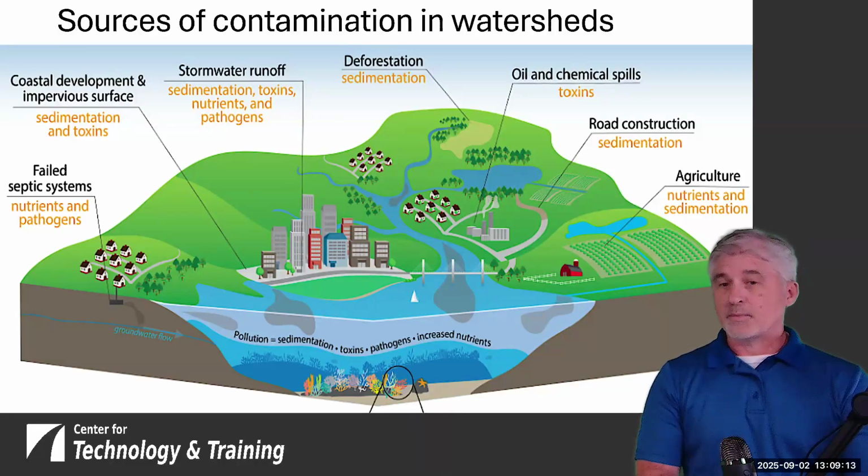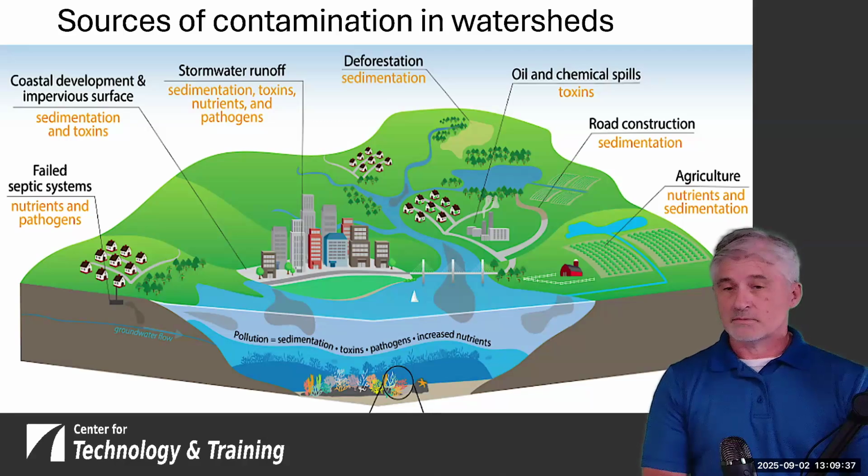Oil and chemical spills can get in directly, or be directly deposited if they get into a storm sewer or something like that. So we've got to look at all sorts of things when it comes to how to protect our watersheds when we're using surface water as a source.